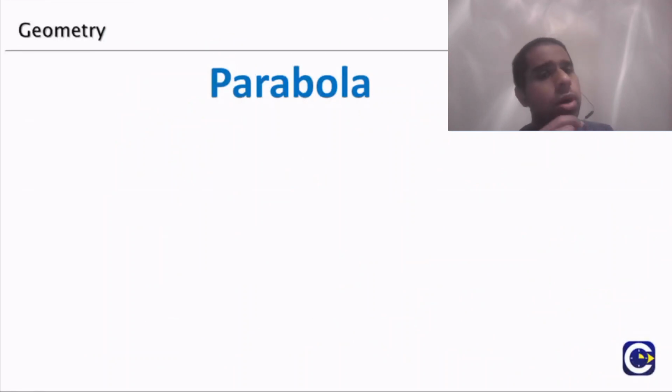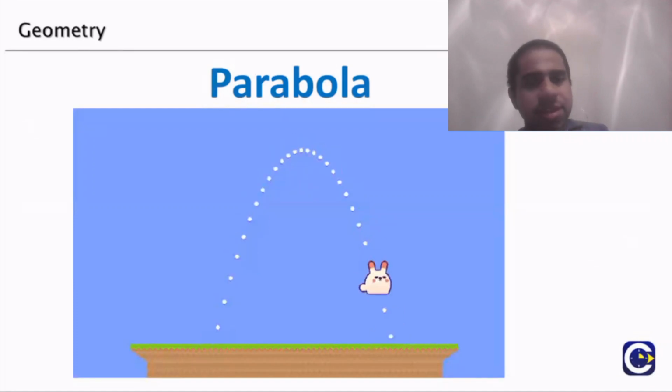Now let's come to parabola. We have discussed parabola in a previous bridge course, like what a parabola looks like, and what a parabola should not be compared to. Parabola is not an arc of a circle. You can see this funny GIF image, like throwing a ball or an object into the air.